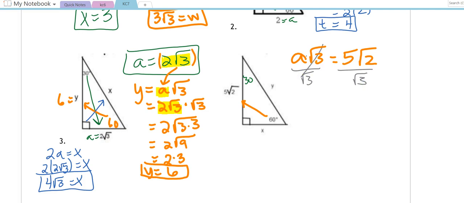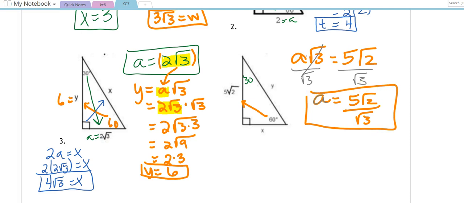And that's going to give us our longer segment length, a, equaling 5 times the square root of 2 over the square root of 3. We just leave our answers as improper fractions like that. We don't have to worry about rationalizing. You can just leave your answer like that for this activity.